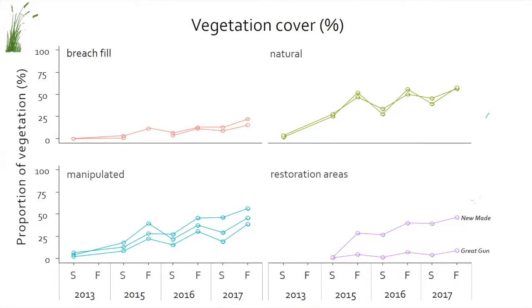So all 3, the breach fill, natural and manipulated, all sites followed quite a similar trend within their own respective habitat type. But in the restoration area, we see that the 2 sites actually deviated slightly from each other in the way that they were revegetating, which if you think back to the original introduction of those sites, the 2 sites were quite different. So that may explain some of the variation that we're seeing here.